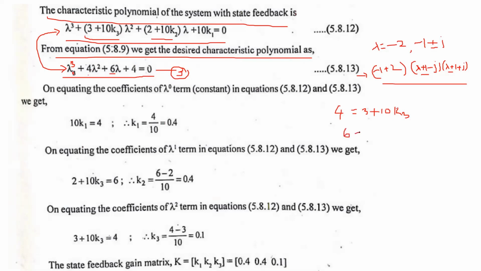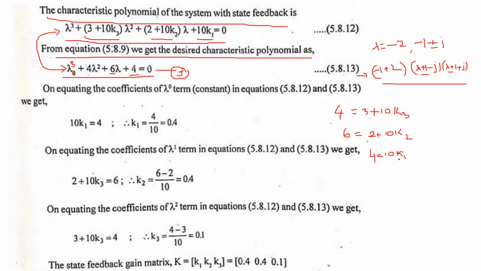Therefore, 6 is equal to 2 plus 10k2. What is the last one? 10k1 is equal to what? 4. Therefore, 4 is equal to 10k1.